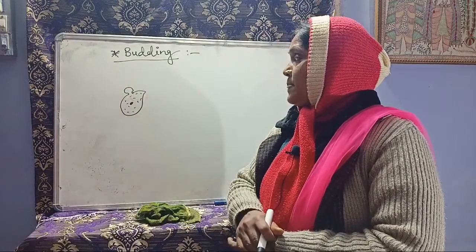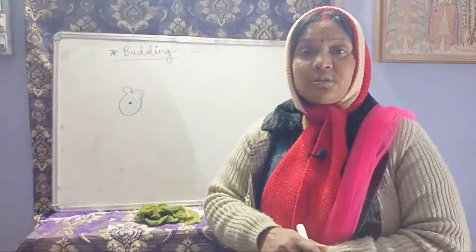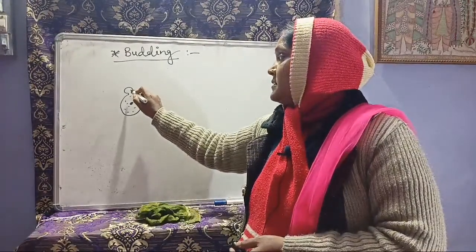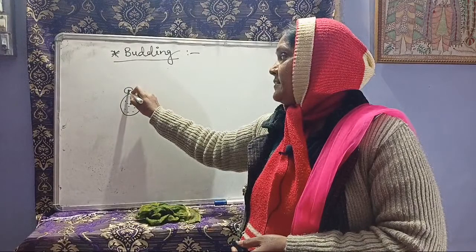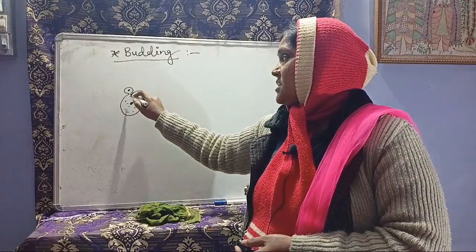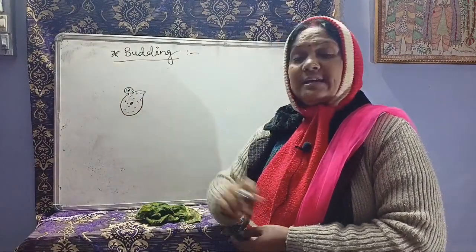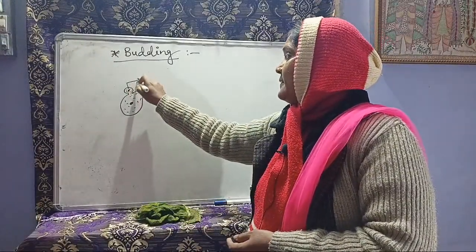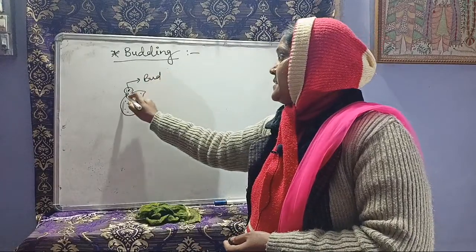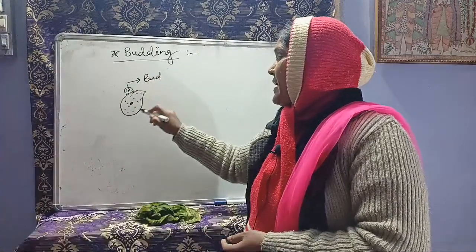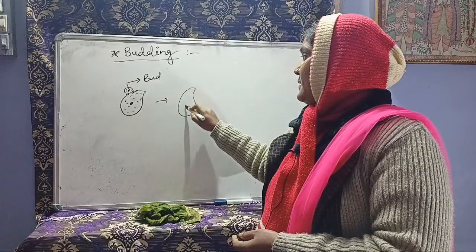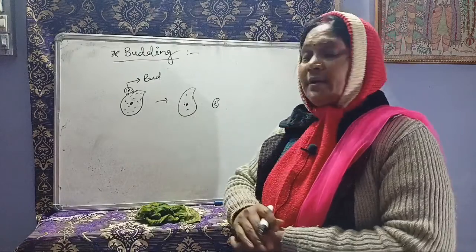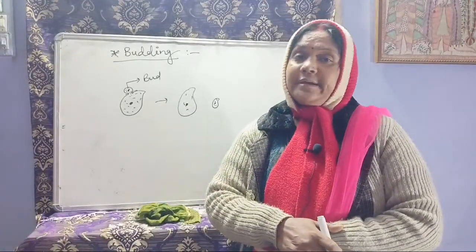This extra growth has similar content and similar structure to the parent. When such a bud is separated from the parental body, it develops into a daughter.